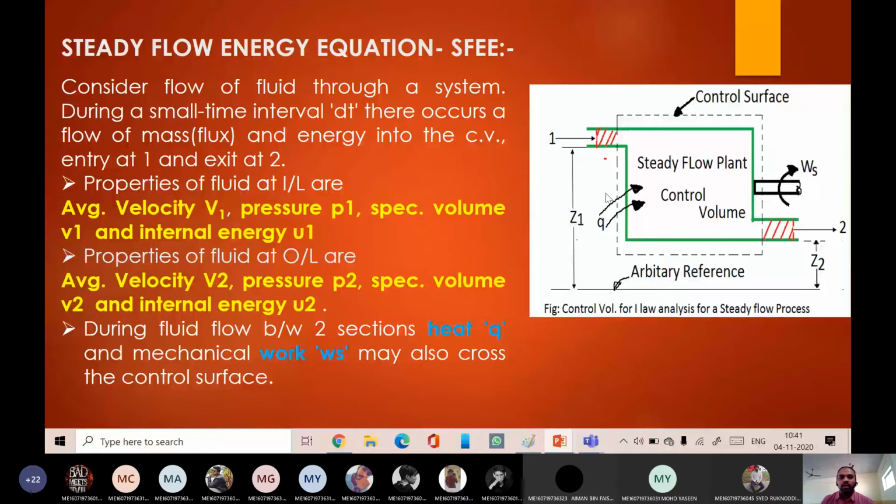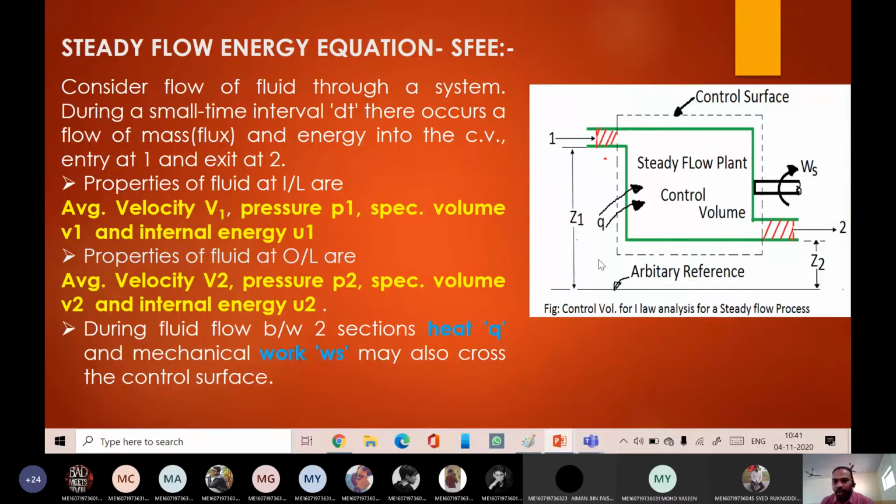Let the properties of the fluid at the inlet section be pressure P1, velocity V1, specific volume small v1. Remember, capital V is velocity and small v is specific volume. And internal energy is U1. At the inlet section we assume four properties: velocity, pressure, specific volume, and internal energy.